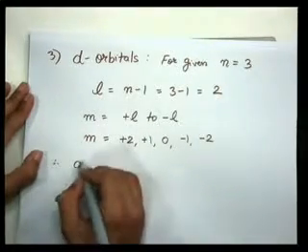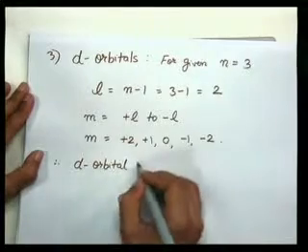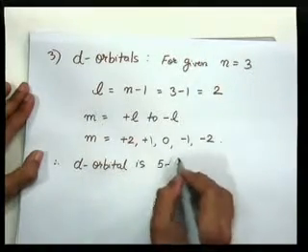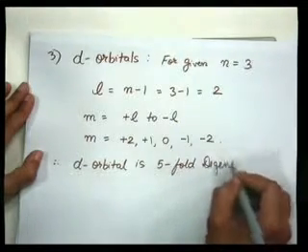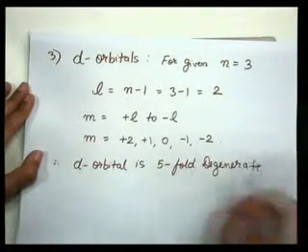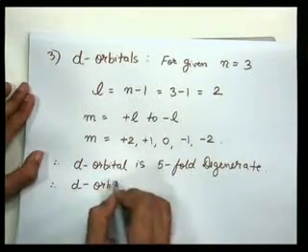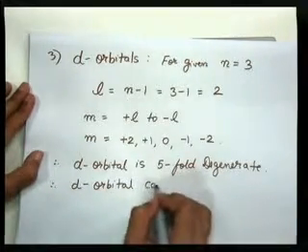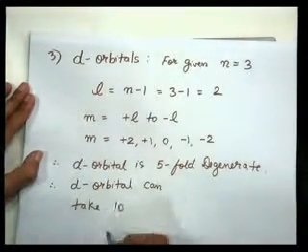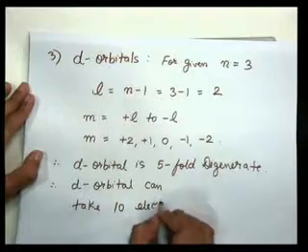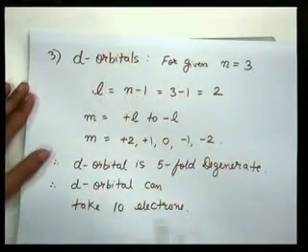Your d orbital is 5-fold degenerate. It is having 5-fold degeneracy, and therefore your d orbital can take up maximum 10 electrons. These things you have to remember.